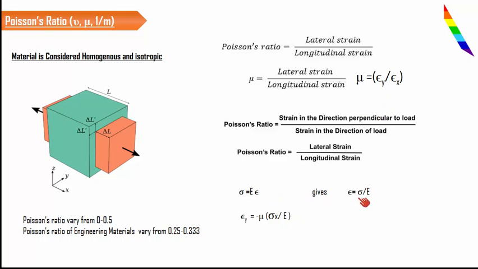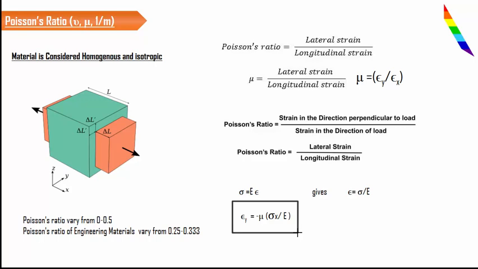Epsilon x is nothing but stress by E. So we get the strain perpendicular to the x direction as minus mu into sigma x by E, and the negative sign implies that the strain is decreasing, the length got reduced, and the direction is being accounted for using the negative sign. This is a uniaxially loaded member.